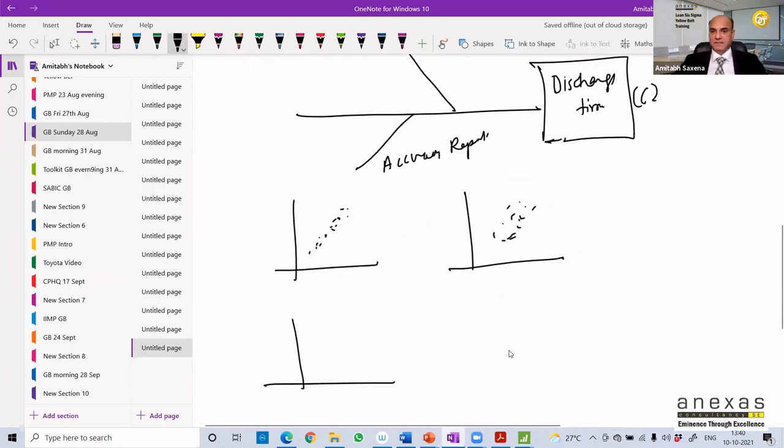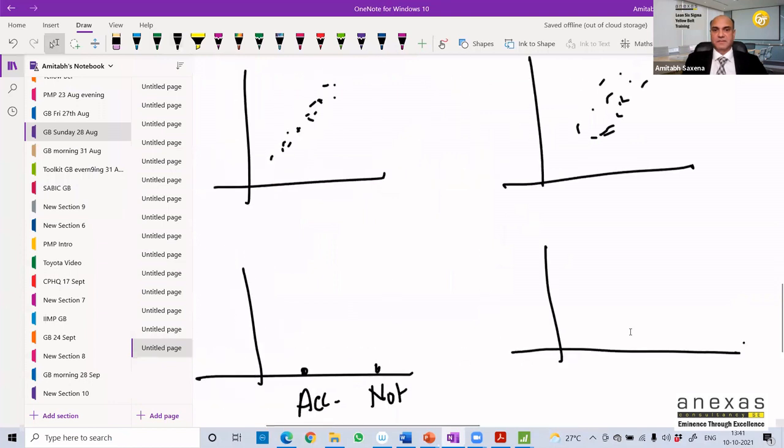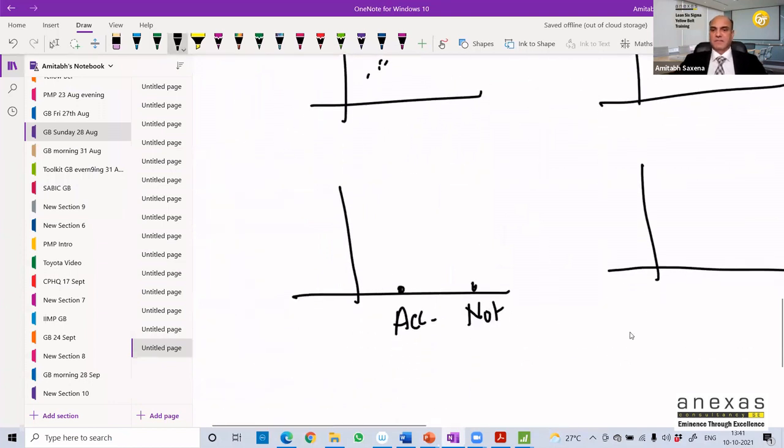I will make a plot. It is accurate and not accurate. If I just make it bigger, accurate and not accurate. Now, when the reports were accurate, time taken is less.